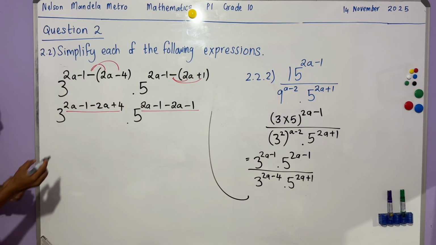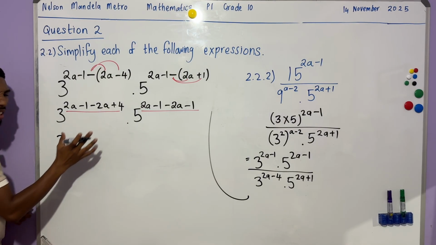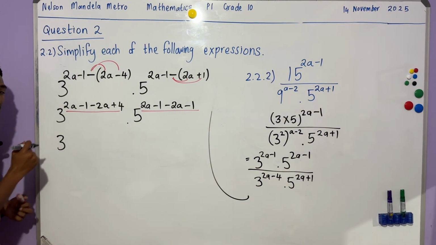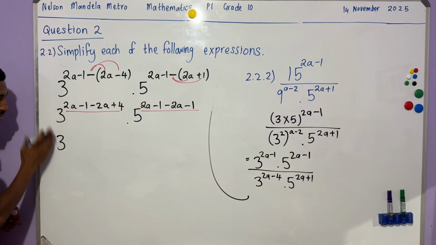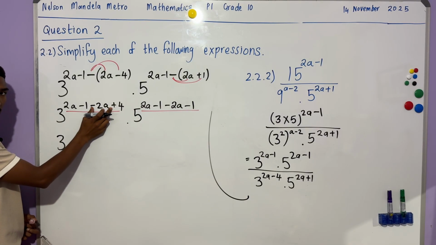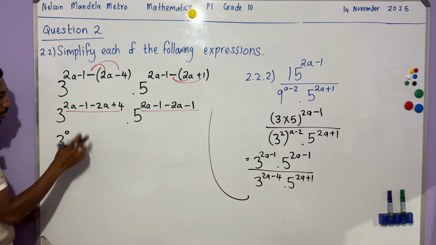Okay, so we have 2a minus 2a. We don't have to group them because if you can do it with seeing it, it's much better. You're saving space as well. So I can see 2a minus 2a. That's going to give me 0. Okay, I can write 0 over there. You don't have to.